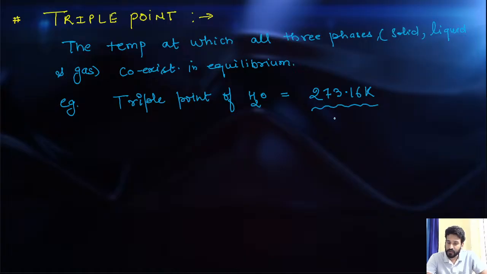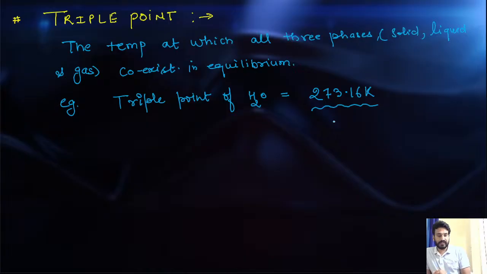You have heard about the freezing point and the boiling point, right? Now this one is the triple point. As I told you, the triple point of water is 273.16 Kelvin.